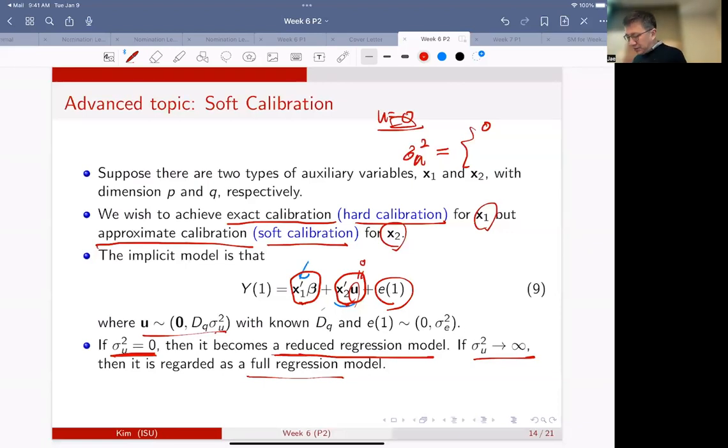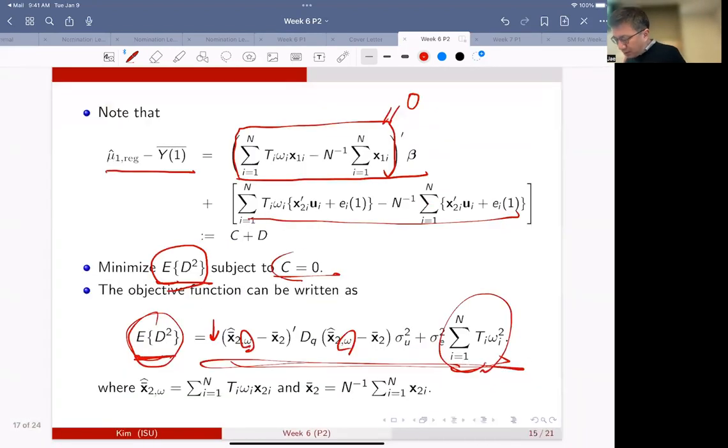So the fixed mean part you can control as a hard calibration, right? And the random mean part and error part can be combined together to construct the objective function for optimization. And then the weight. So how to find the weight, right?